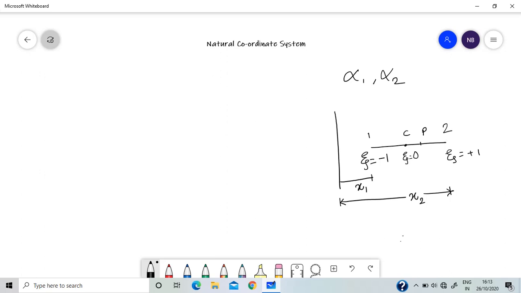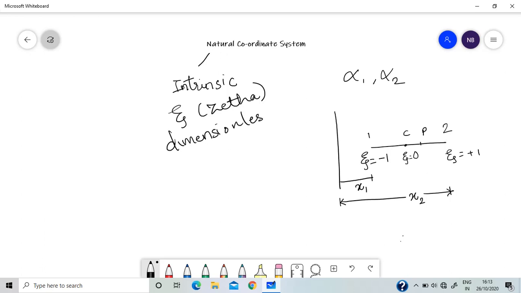So a natural, or also called intrinsic, coordinate system is denoted by zeta. It is a dimensionless set of numbers whose magnitude never exceeds 1.